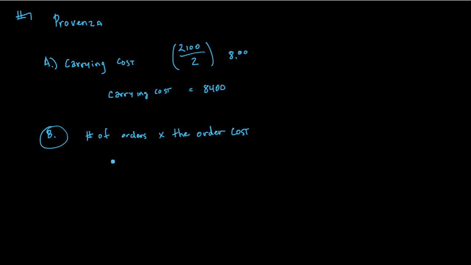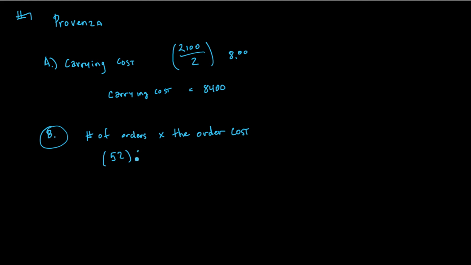They tell us that we basically use 2,100 switches every week and then reorder. Well, there are 52 weeks in a year, so I'm going to take 52 and multiply it by the fixed order cost.